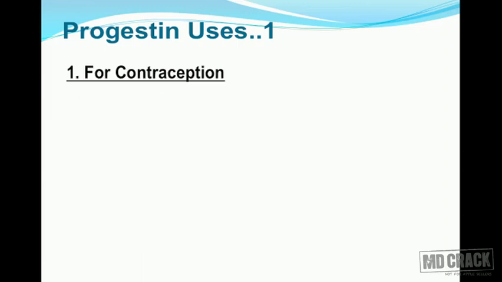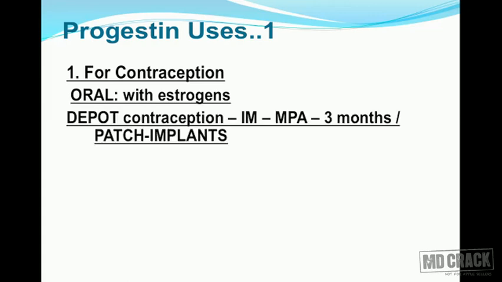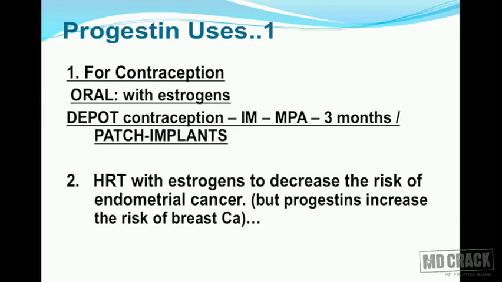Uses of progestins will obviously be for contraception by oral route of administration in combination with the estrogens. For depot contraception intramuscularly, I just now told you some names, so I'm picking up the name from that. That's MPA, medroxyprogesterone acetate. And one intramuscular injection acts for 3 months, and some drugs are also available as patches and implants.